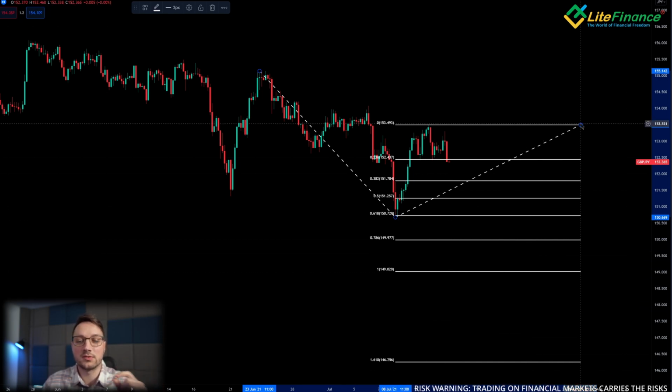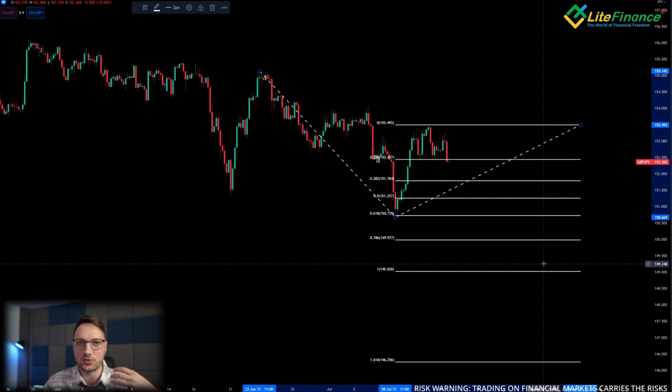And the most important level for us is level 1. This is the strongest level. Most often it works. Other traders also use 61.8, which is in here 0.618, and 161.8, which is in here 1.618.